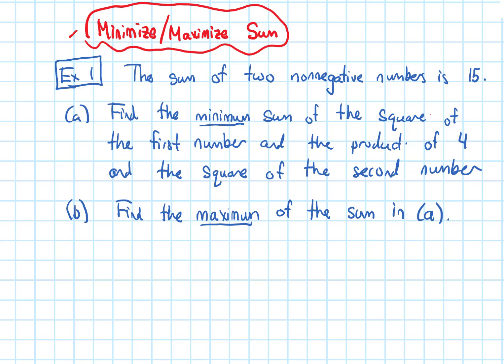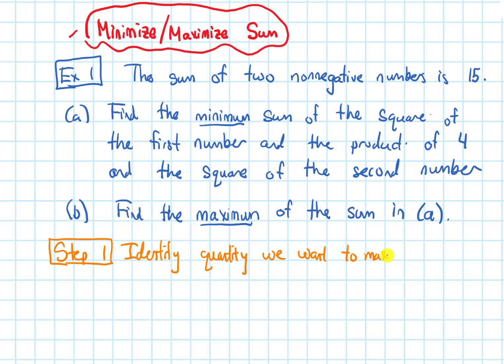Okay, so I want to break down these optimization questions. Remember, optimization just means either to minimize or maximize something. And in this problem, we want to do both in steps. So step 1 in an optimization problem will be to identify the quantity that we want to maximize or minimize.